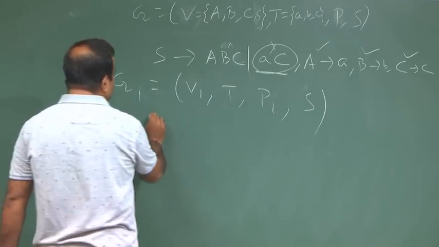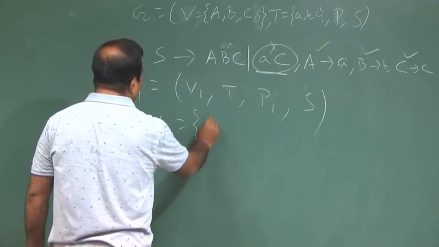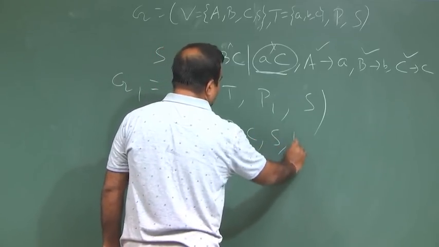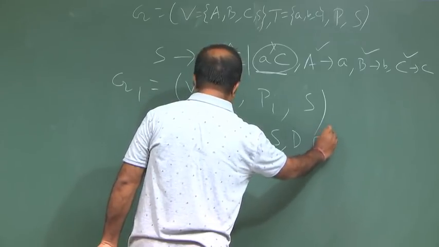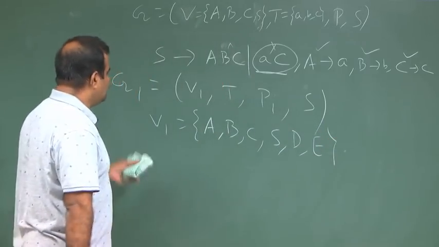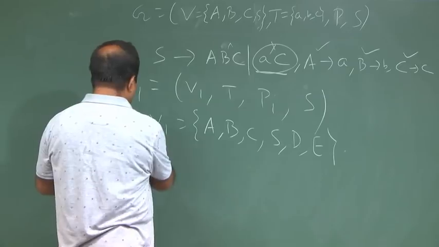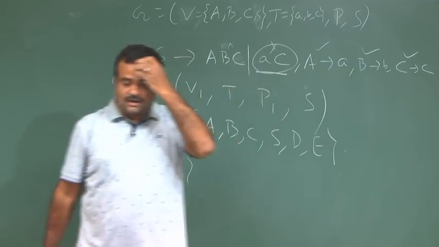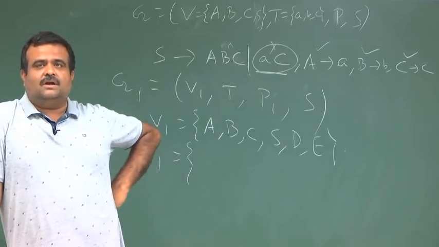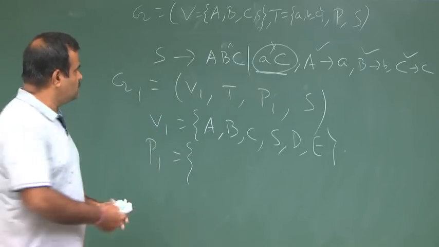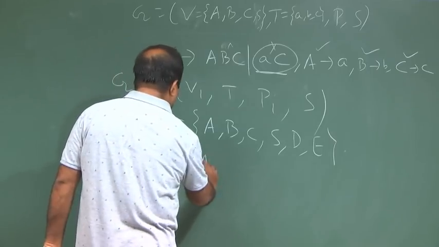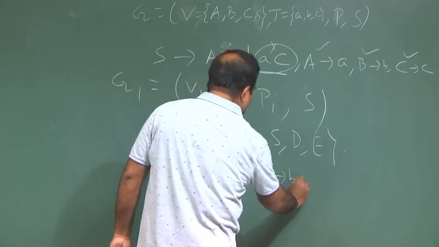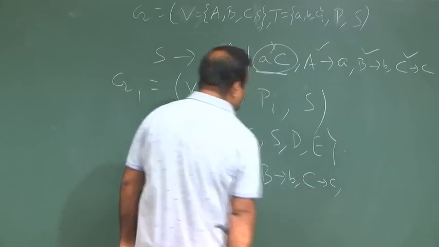Now, V1 has all the new variables along with the old variables A, B, C, S, and we have introduced D and E. T is same, S is same, only P1 will be changing. First of all, we will put all the productions which are already in the normal form, like A is going to a, B is going to b, C is going to c. These are already in CNF.